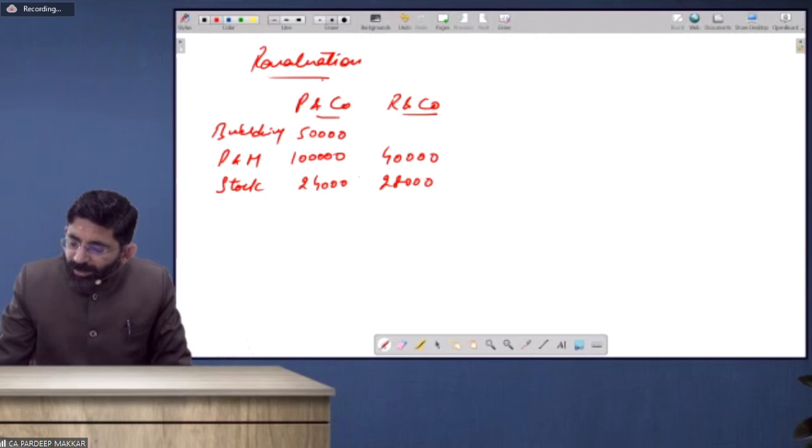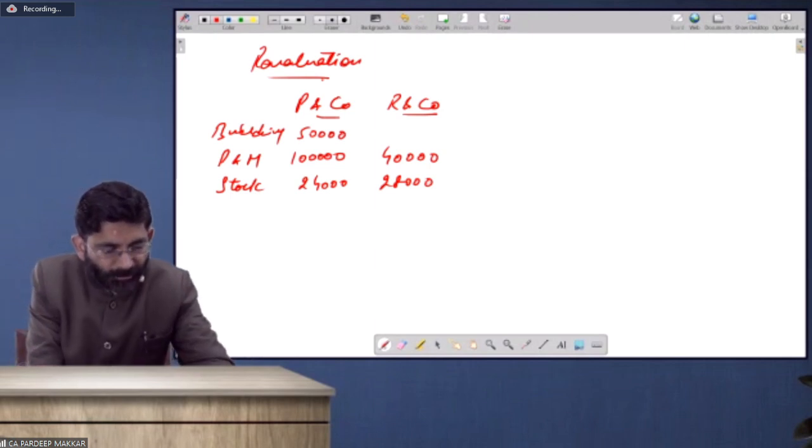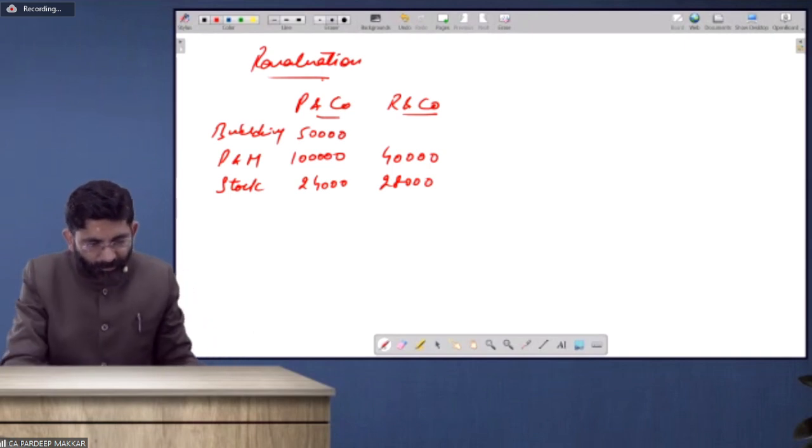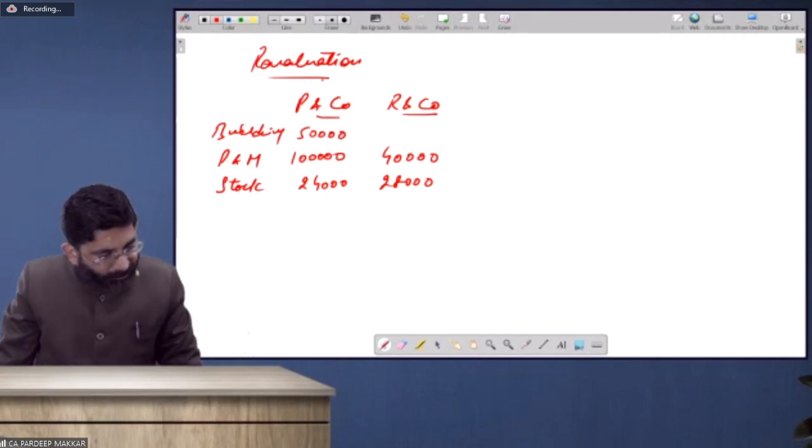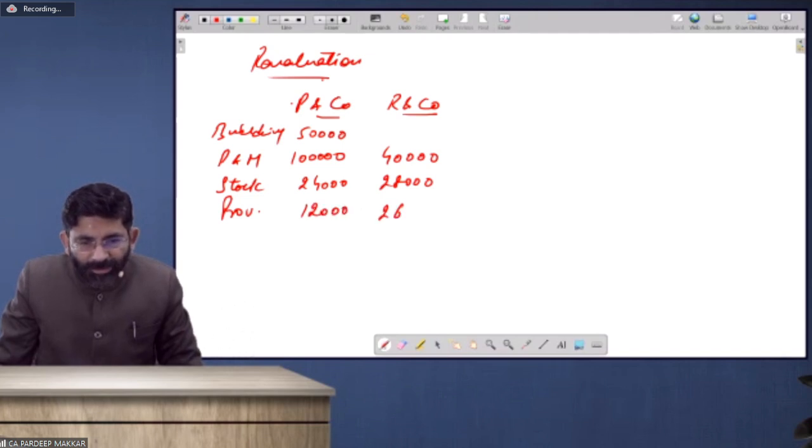And then provision for doubtful debts, 12,000. Yes, provision for doubtful debt, it is 12,000 and 26,000. So provision for doubtful debt, 12,000 and 26,000, it is to be deducted.